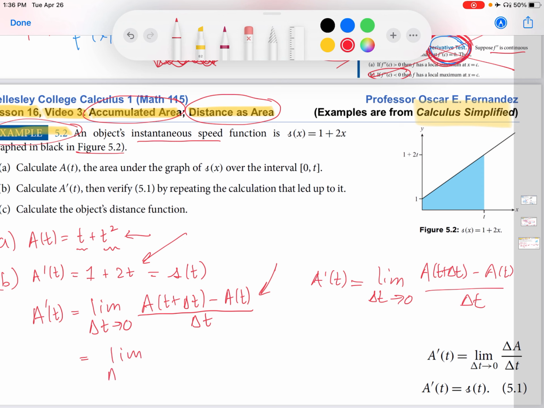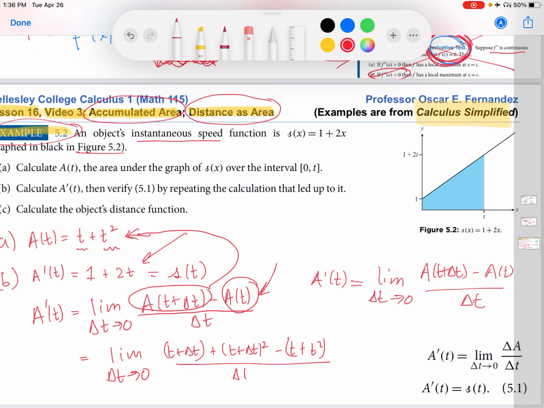So let's calculate the limit as delta t goes to 0. A of t plus delta t, I'm using this a of t here. So I'm doing t plus delta t plus t plus delta t squared. And then I'm subtracting a of t, which is t plus t squared. Subtracting that. And I'm dividing by delta t.